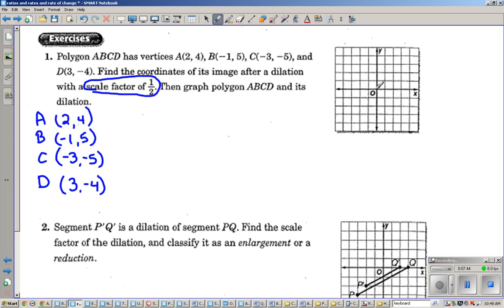All right, when you plotted your original, you had 2, 4 for your original A, negative 1, 5 for your original B, negative 3, negative 5 for your original C, and 3, negative 4 for your original D. Let's connect those.